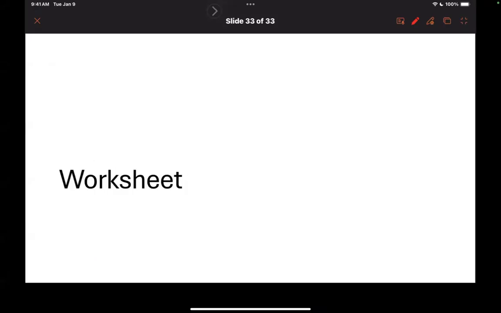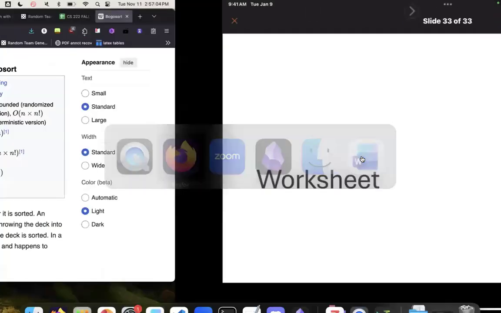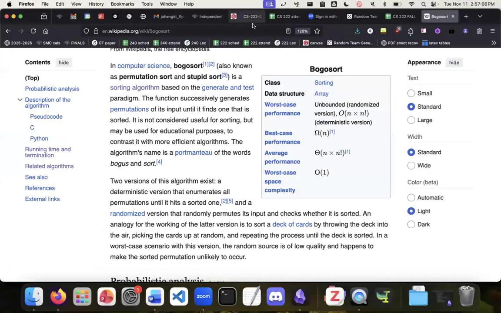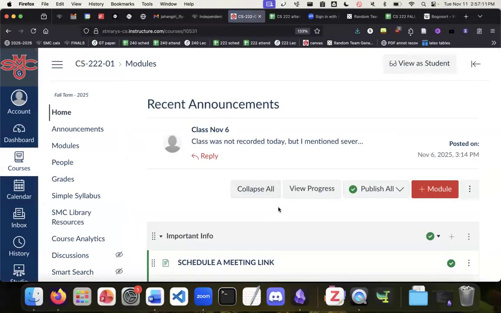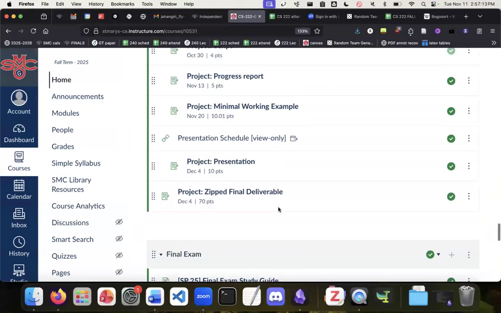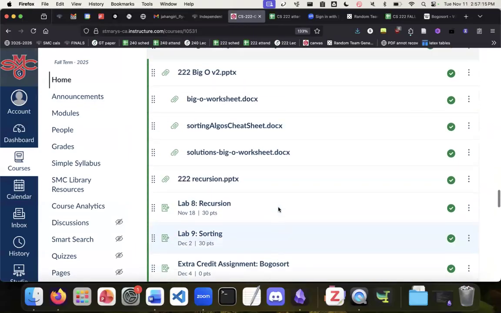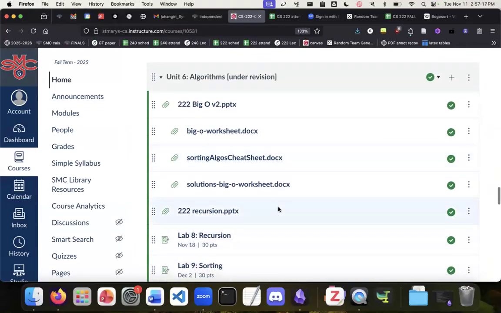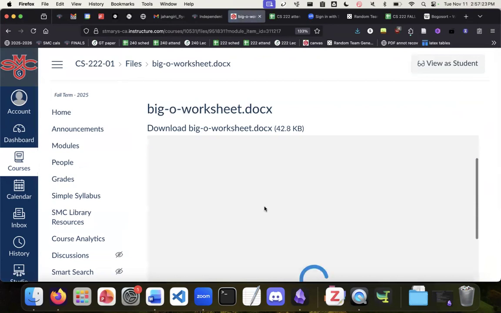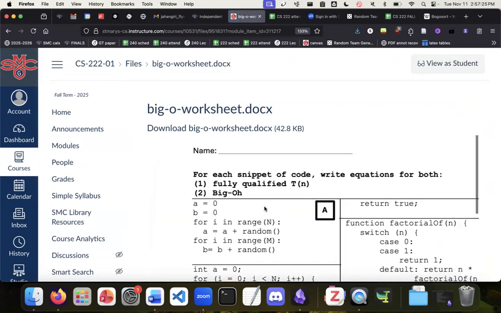All right, we've got 13 minutes left. I've got a worksheet for you, which we will almost certainly not get through. So we've got the Big O worksheet. There's also the solutions, though I don't know how good they are.